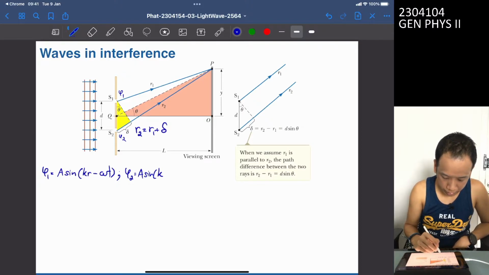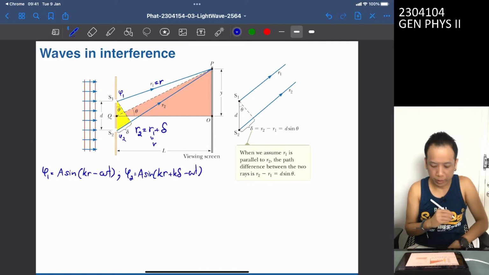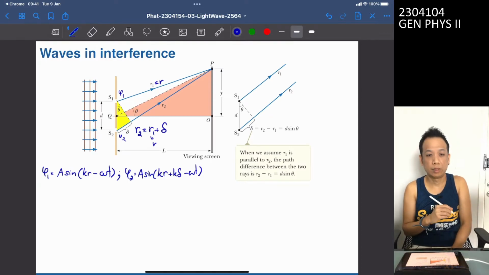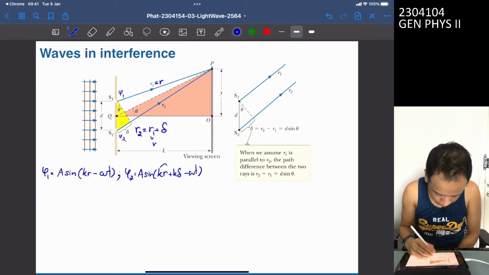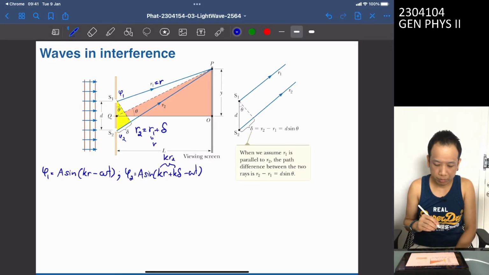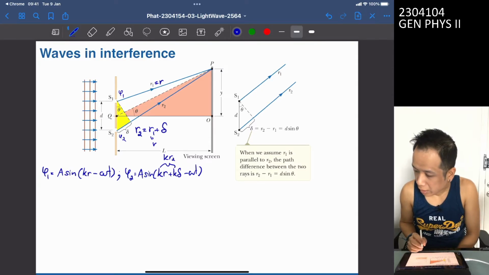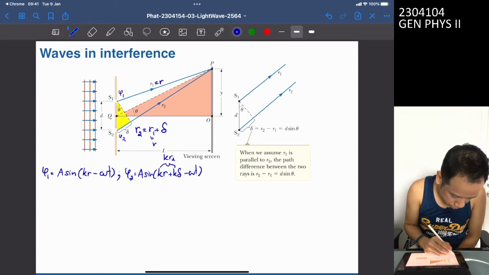Letting r1 equal r, it is kr plus k delta minus omega t, because it's kr2, and r2 is r plus delta. So you have this one, and you try to sum it.